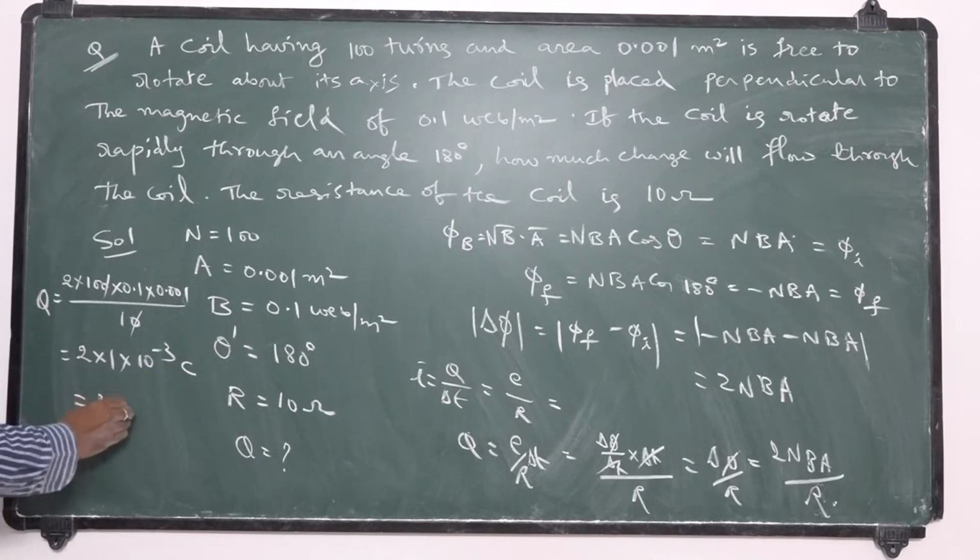So that is 2 millicoulomb. 2 millicoulomb is the charge that is flowing through the coil.